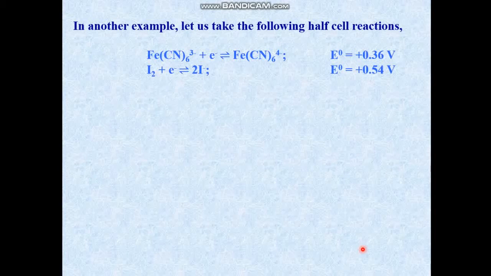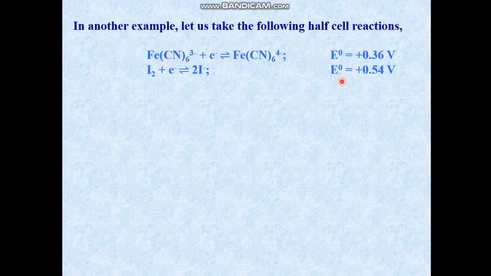In one half cell reaction, ferricyanide ion consumes one electron to produce ferrocyanide ion, and it has the theoretical standard electrode potential of plus 0.36 volt. In the other half cell reaction, iodine also consumes one electron to produce two iodide ions, which has the standard electrode potential of plus 0.54 volt.